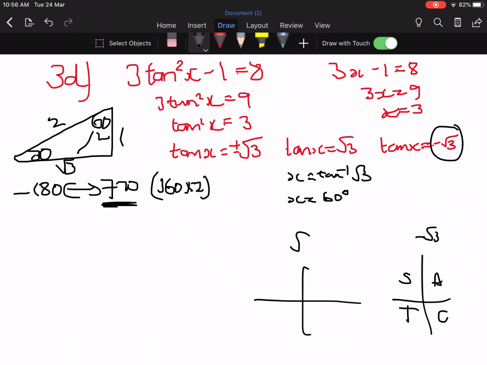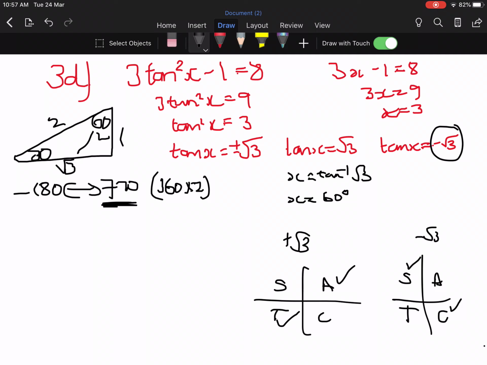And for positive root 3, we're going to tick the quadrants which are positive. So if this is positive, that means I tick all and tan. However, if it's negative, I tick not all and tan, but sine and cos because it's negative. So I hope that's very clear.